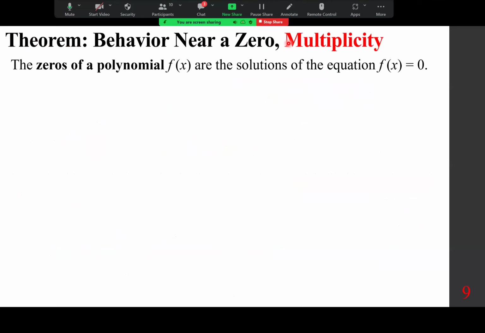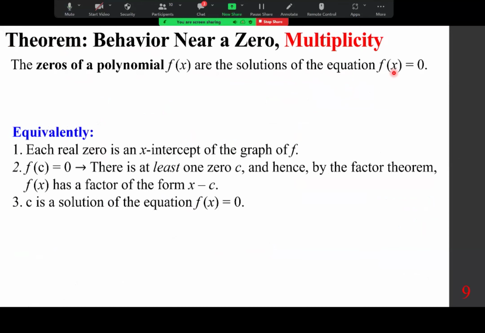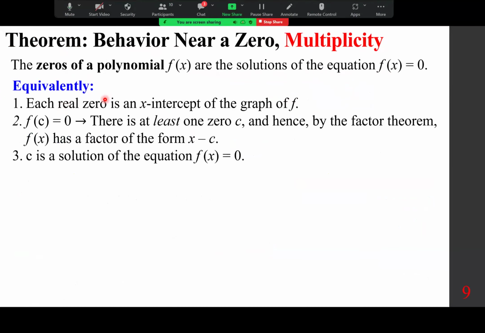Theorem: behavior near 0, multiplicity. The zeros of a polynomial f of x are the solutions of the equation f of x equals 0. Equivalently, number 1, each real 0 is an x-intercept of the graph of f. If f of c equals 0, there is at least one 0 c, and hence by the factor theorem, f of x has a factor of the form x minus c.